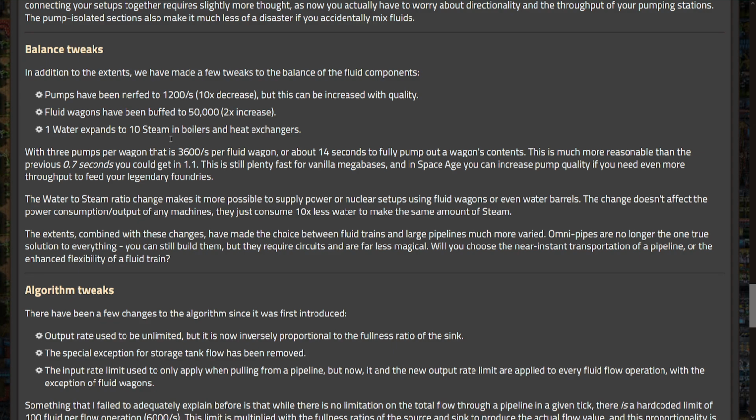With these settings, the loading of a fluid wagon will take about 14 seconds if you use 3 pumps, which is the maximum, I think, at least the 3 pumps. But you can increase the fluid throughput with quality on the pumps.